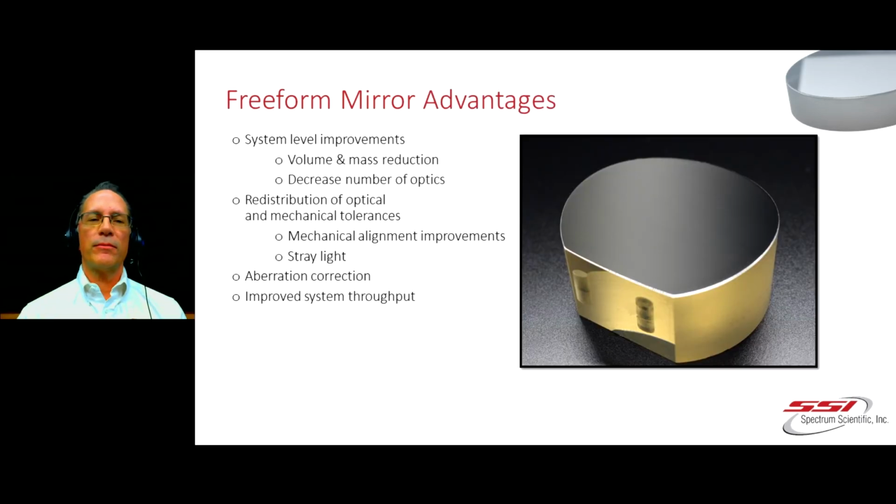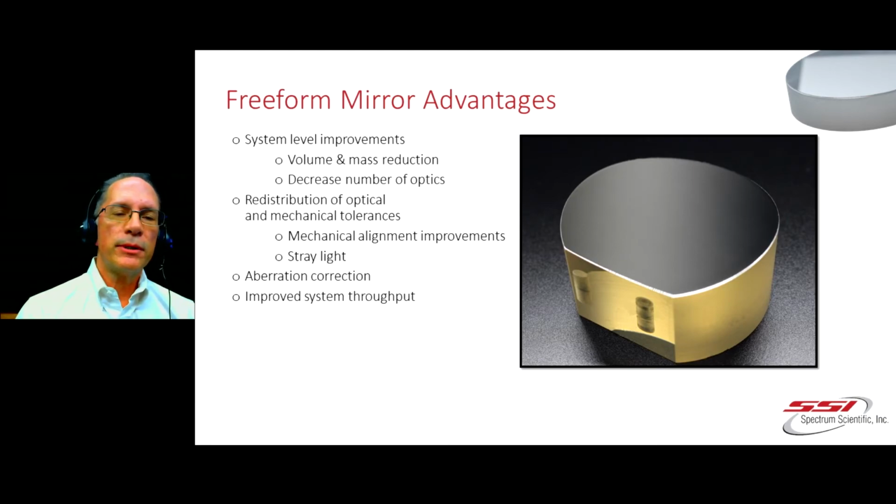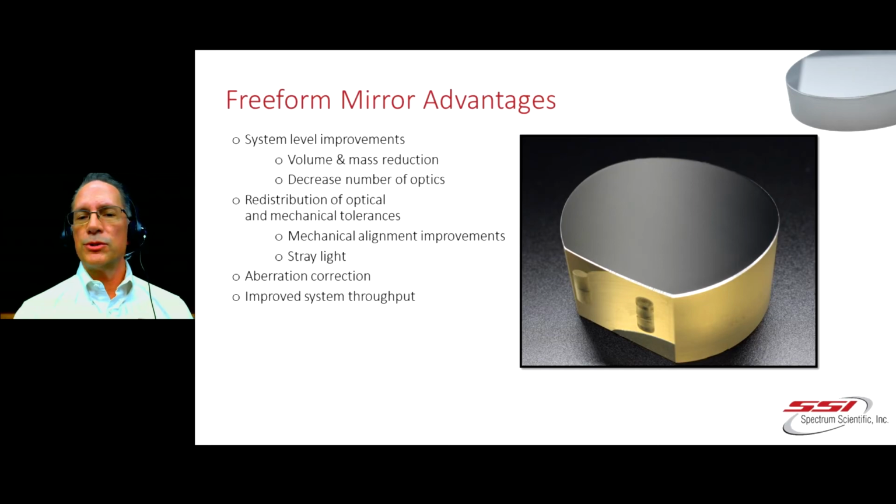So there are many advantages, and it's really nice as an optical designer to have this freedom to use a freeform mirror. Clearly you can shrink the system, reduce the optics, less scatter, decrease the number of optics, lowers cost.